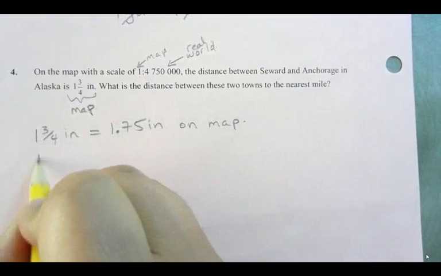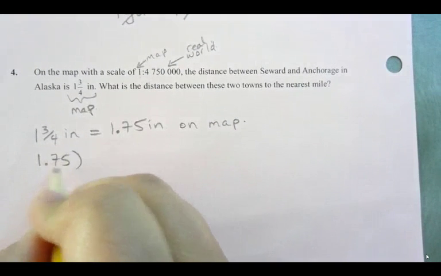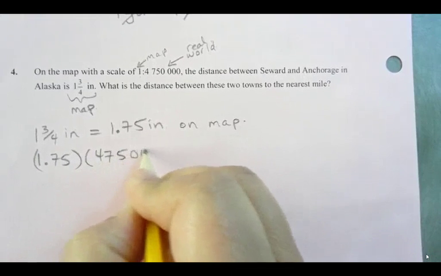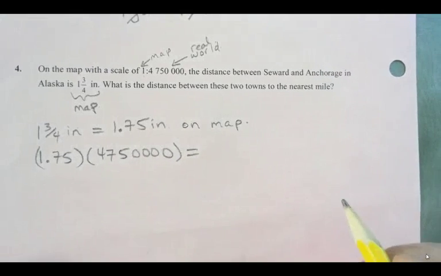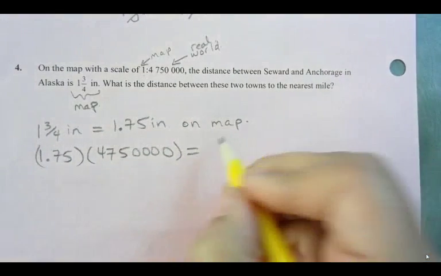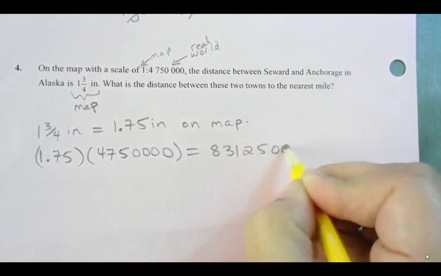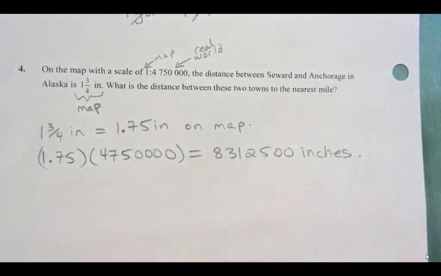And how do I figure out what it is in the real world? So 1.75 times 4,750,000. Okay. So what does that give me? 8,312,500 inches. Okay. Am I done the question?